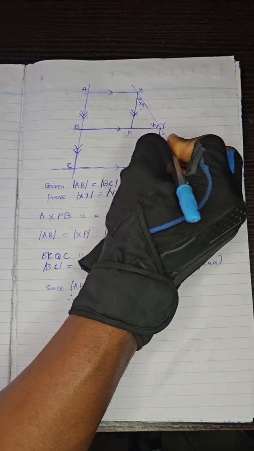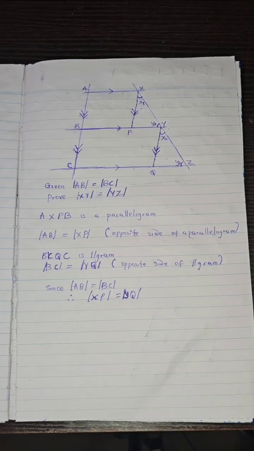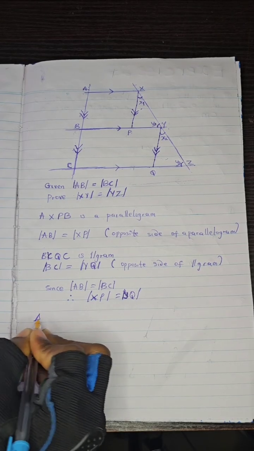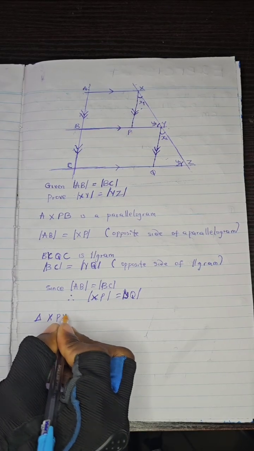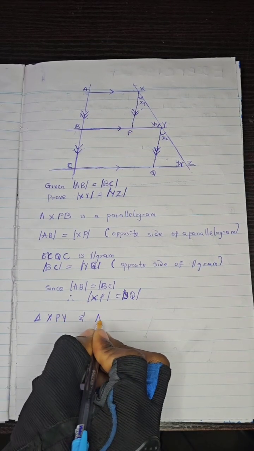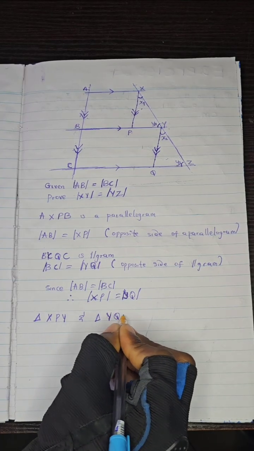I create another one, X2 and Y2. Are we together? So we are now considering triangle XPY and triangle YQZ.